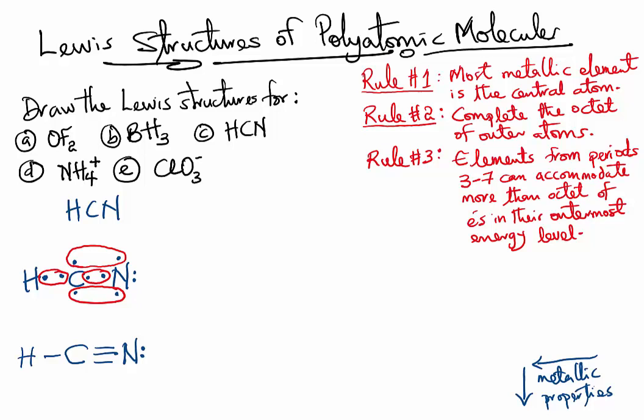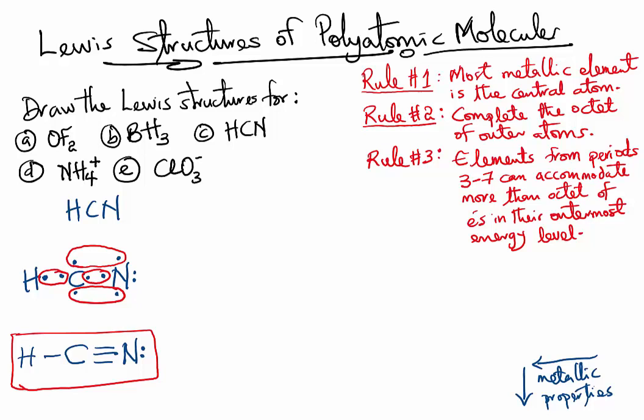Now let us look at the central atom, which is carbon. Carbon has 4 bonds connected to it. 4 bonds means 8 electrons. So this is the lowest structure for HCN.